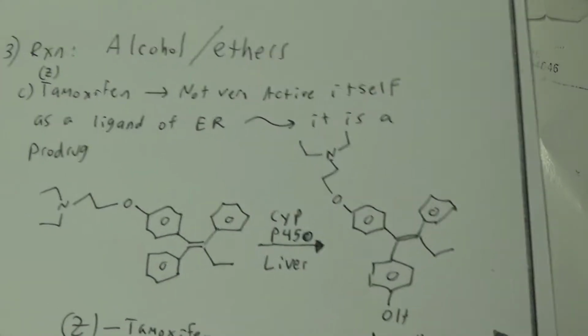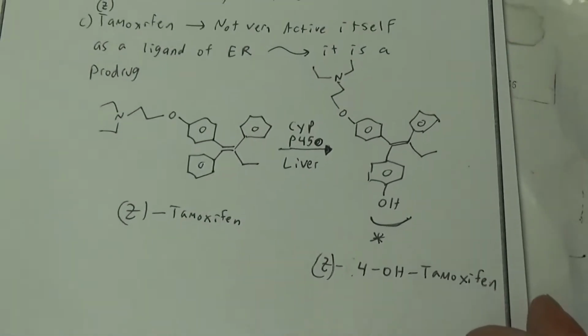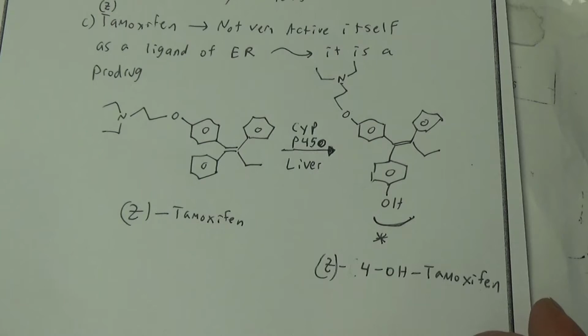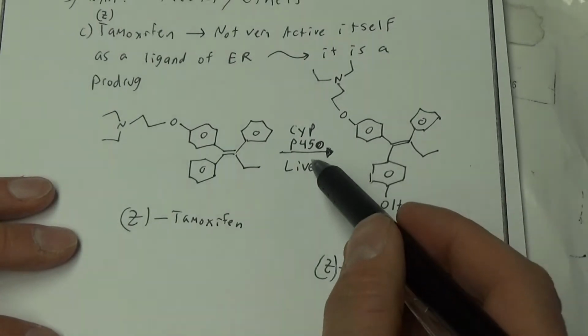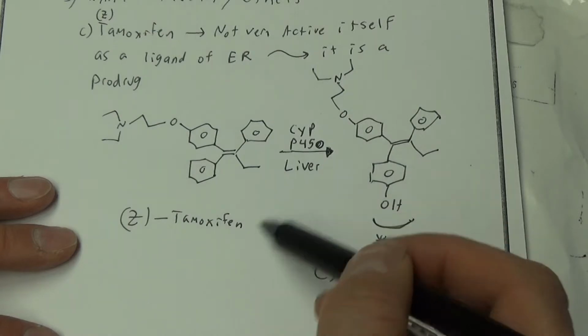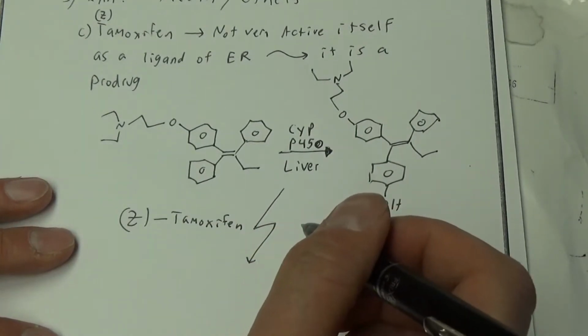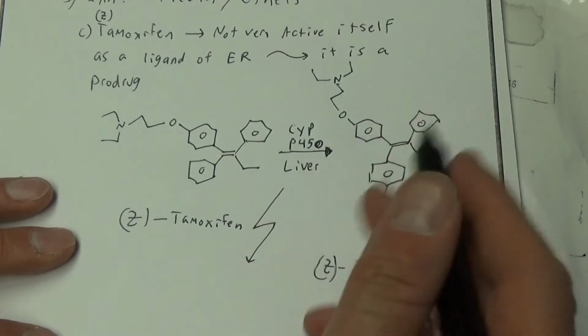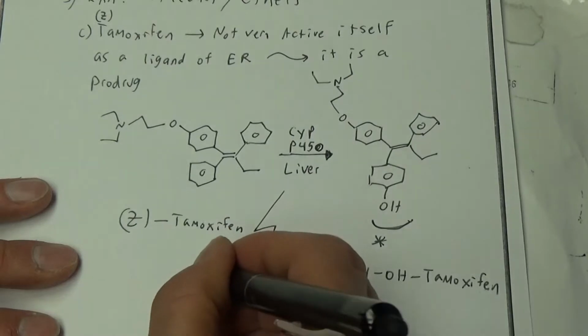Now, I mentioned that P450 has different isoforms, and they are usually identified for different reactions. We can identify which isoform is the correct one.